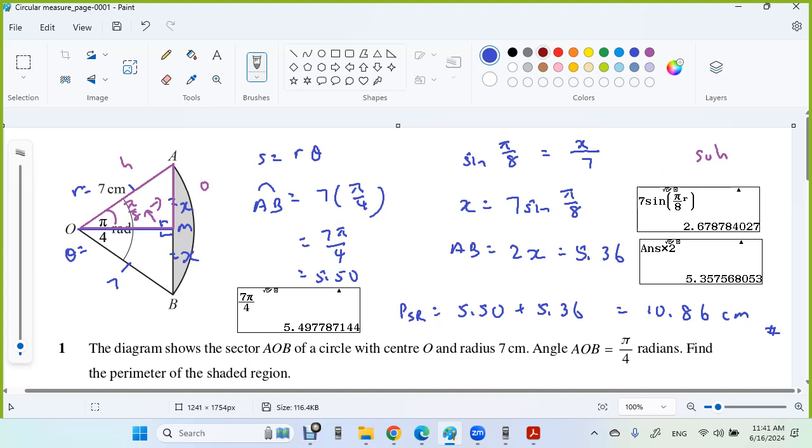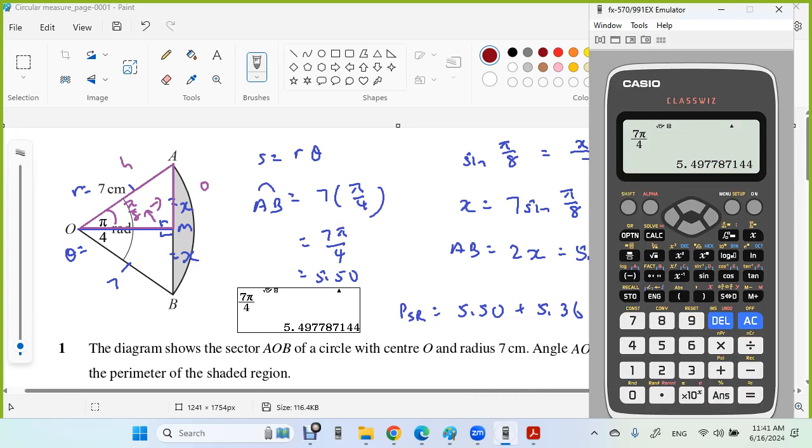In the calculator here, this one is in degree. Okay, so the pi over 8, the sine pi over 8. If I put R, this is the value. If I didn't put R, it's something different, which is wrong, because pi is actually 180 degrees.